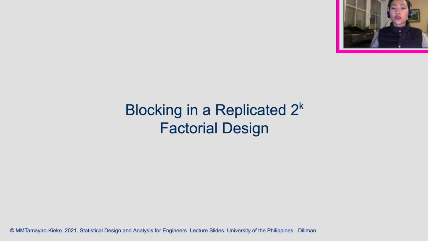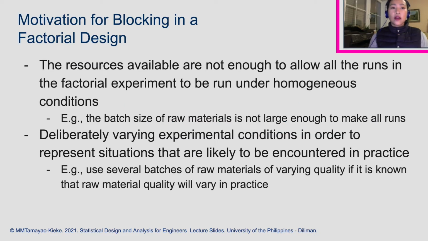So let's first talk about blocking in a replicated 2 to the k factorial design. And let's talk about the motivation for blocking in a factorial design. As you can see here, there are 2 main bullet points, and these represent two of the main motivations why there is a need for blocking in a factorial design.